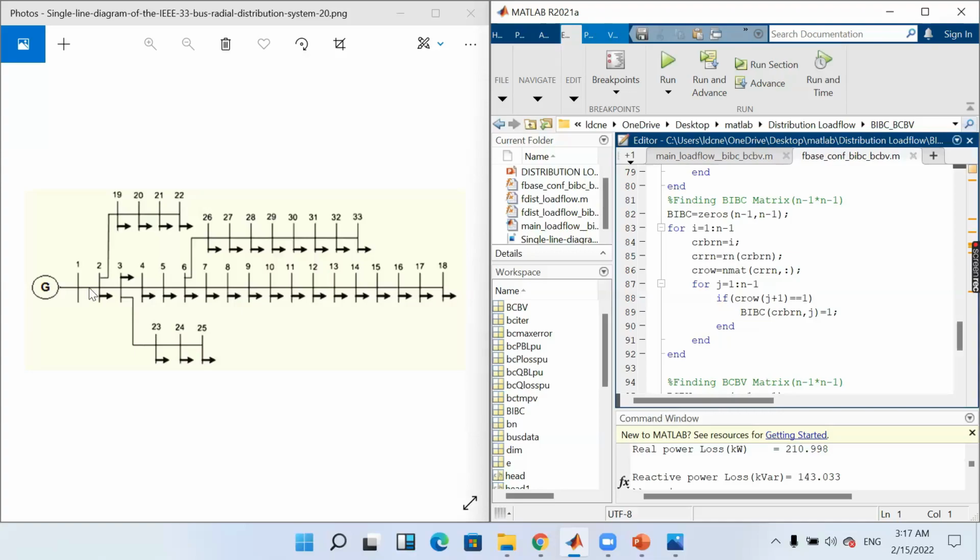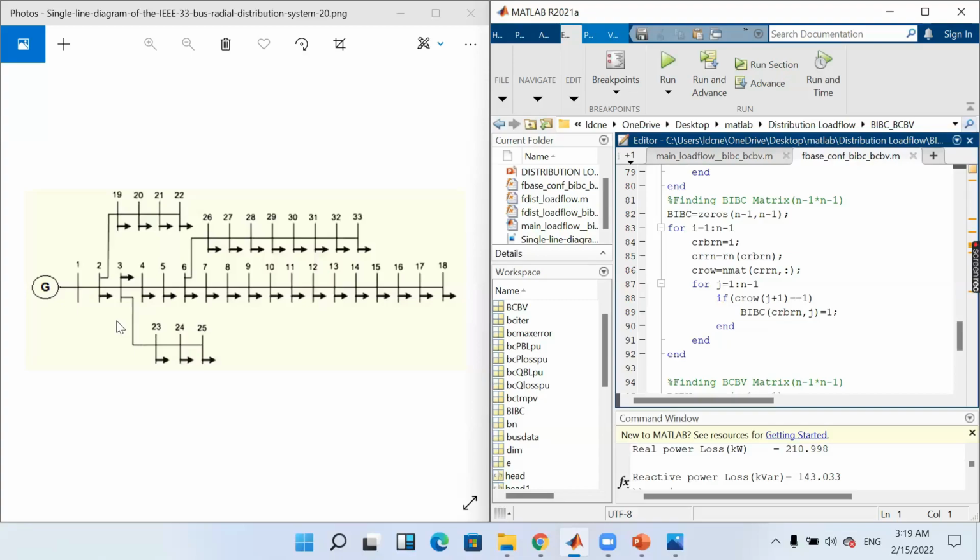We have to just run the loop for each branch, and we have to calculate the receiving end of each branch, copy that row from NMAT, and add all the currents corresponding to that row having the value 1. I am going to explain once again.